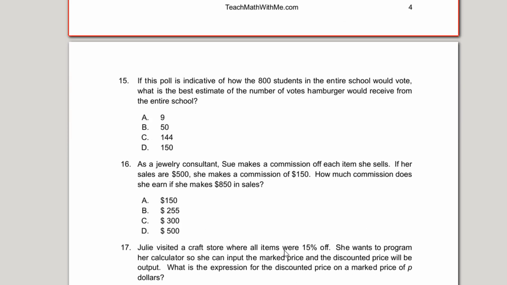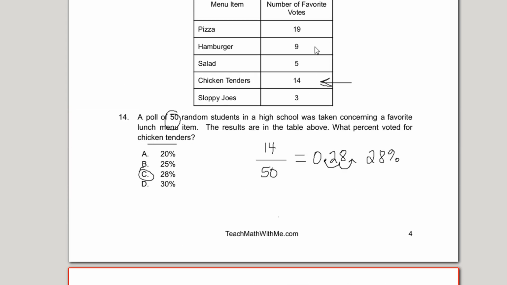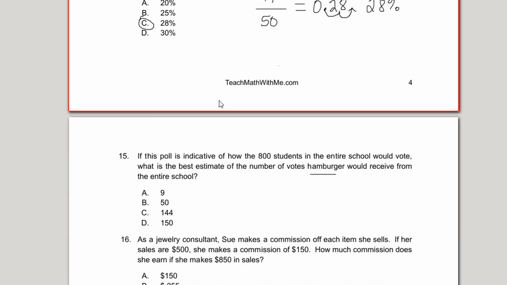15 is also going to use the table, so we may have to slide back up for that. If this poll is indicative of how the 800 total students in the entire school would vote, what is the best estimate of the number of votes hamburger would receive from the entire school? So let's look at hamburgers above here. It said that 9 voted for hamburgers out of the 50. So that's going to be important. 9 out of 50 is the fraction that voted for hamburgers, but we have 800 total students that we're going to account for.